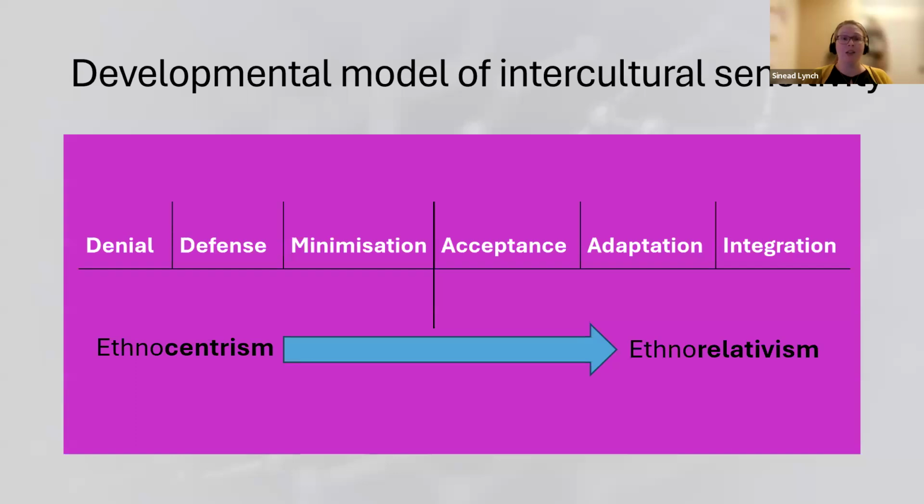The second one then is defense. So that's moving along slightly. People who are in this defensive stage are probably more aware that there are different cultures, that there are differences between cultures, but they are quite negative or perhaps judgmental of other cultures, or that can be reversed. It's called a reversal.